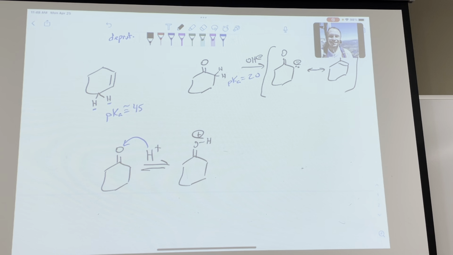What's the problem with that? It's not the direction that electrons went. Yeah, your arrow's in the wrong direction.